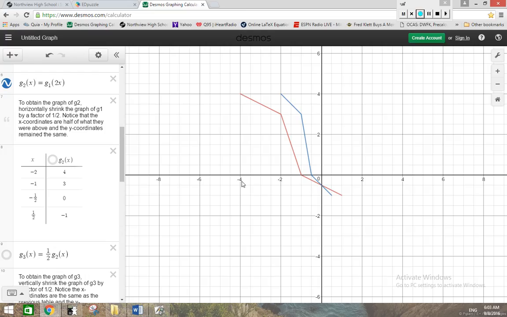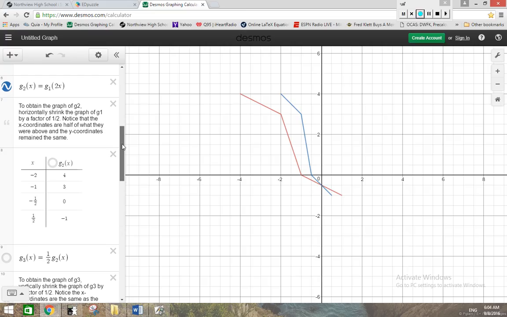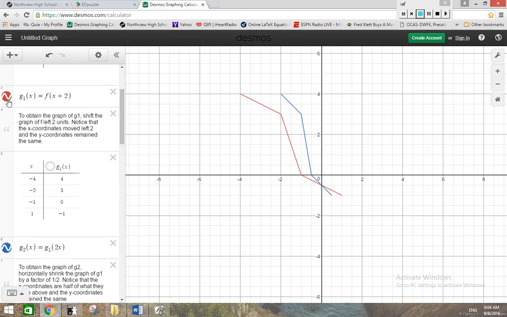This point that had an x-coordinate of -4, you divided it by 2 and it became a -2. Over here, this x-coordinate of 1 became 1/2. So the graph was horizontally shrunk and compressed towards the middle, with the middle being the y-axis. So then we work with that graph.